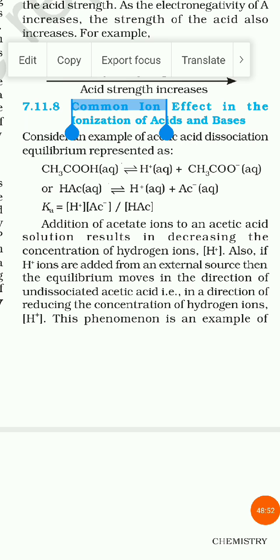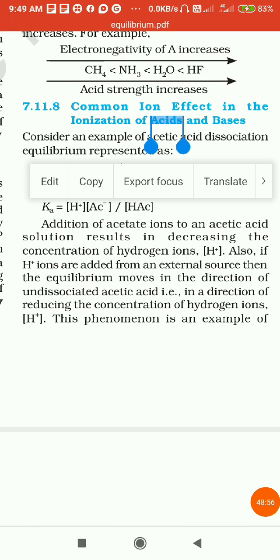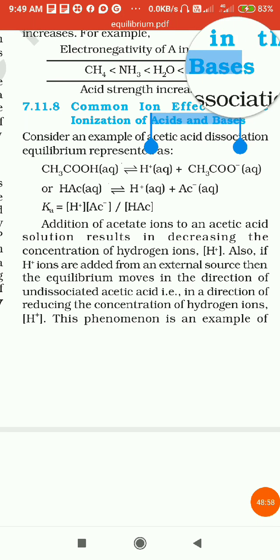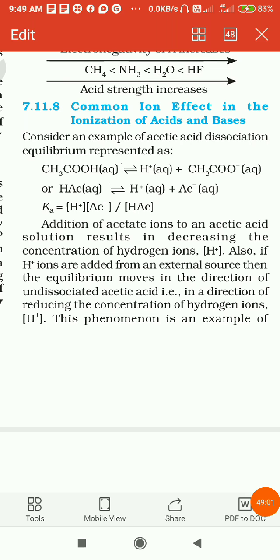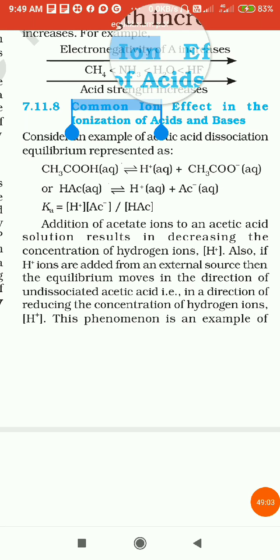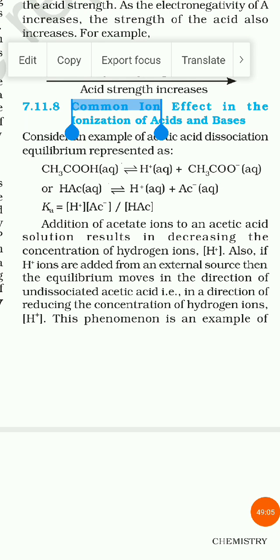That means if you take either acid or base, one of the ions will be commonly present. Common means the same group is present.